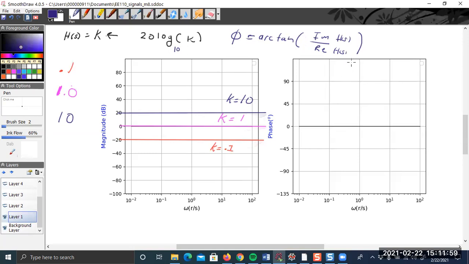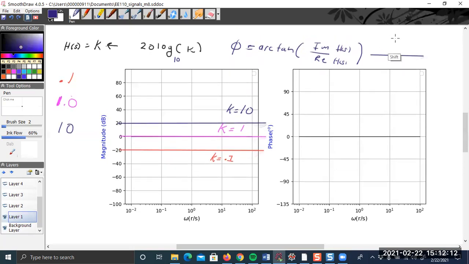All right, so back to the phase. If I'm to draw the phase plane, K is just real, right? So I would draw just a real part, and it would be K wide.